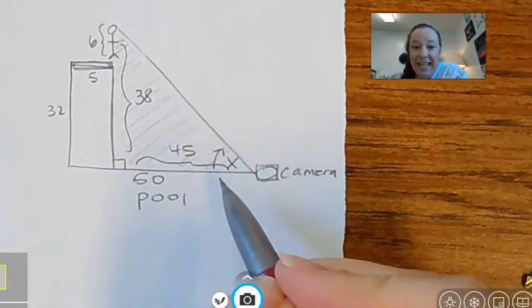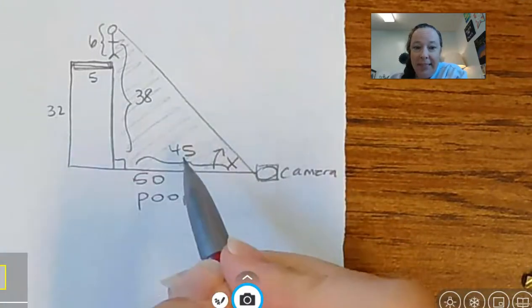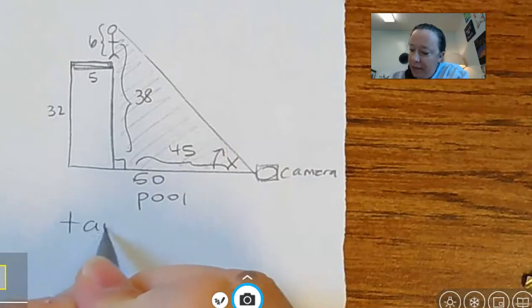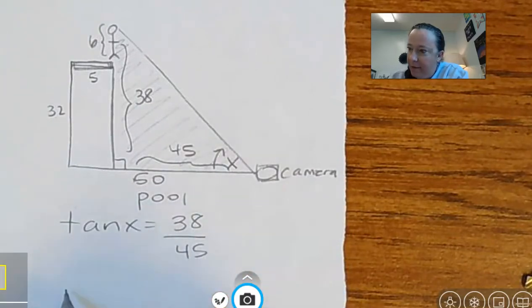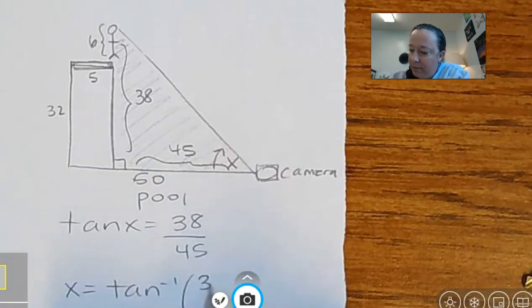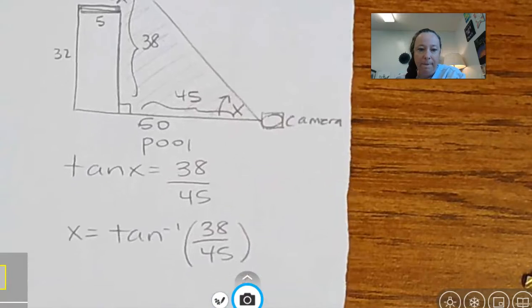All right, so once again, I have TOA, opposite and adjacent. So tangent of x equals 38 over 45. X equals tan inverse of 38 over 45.